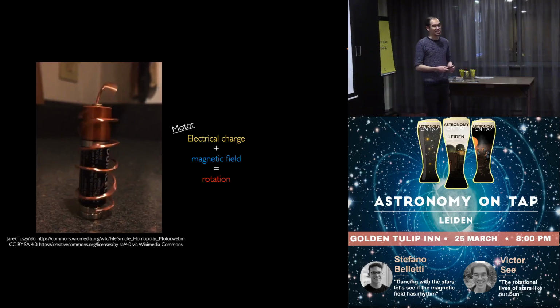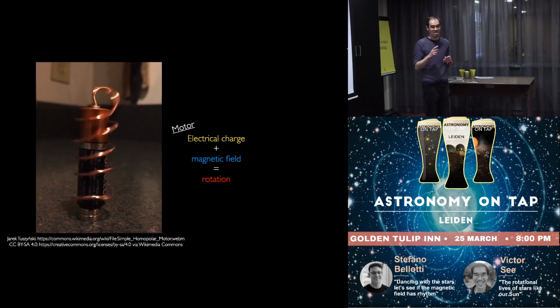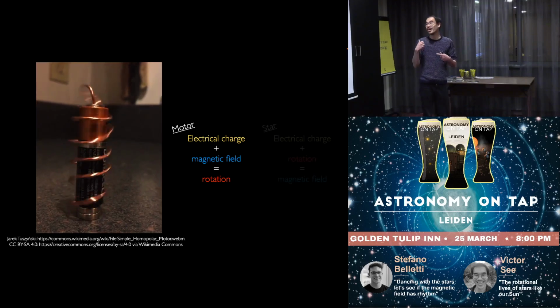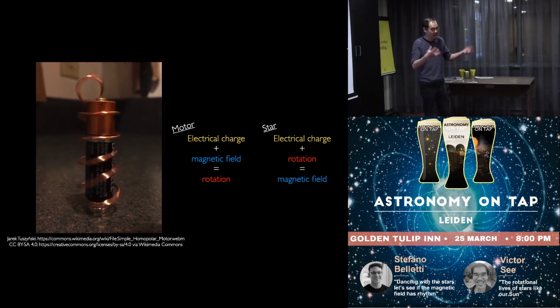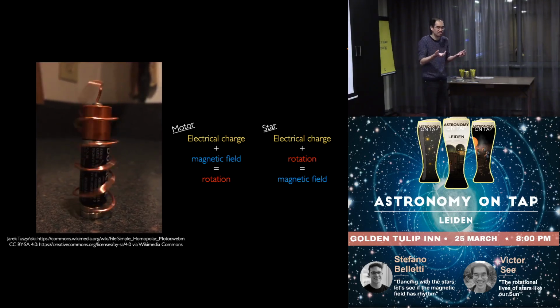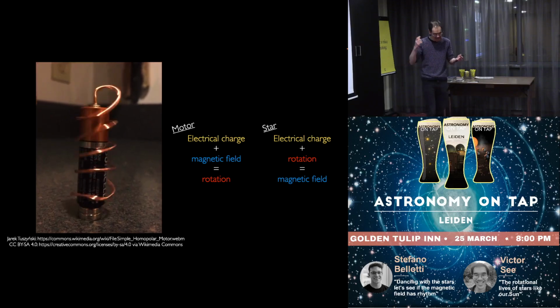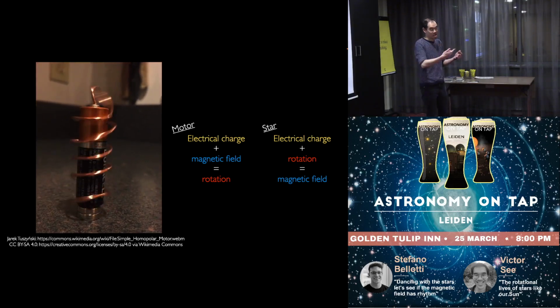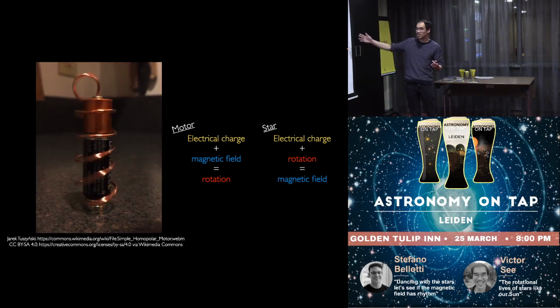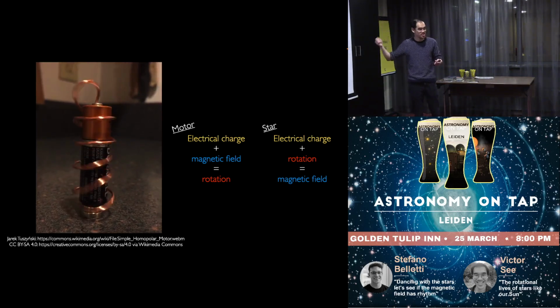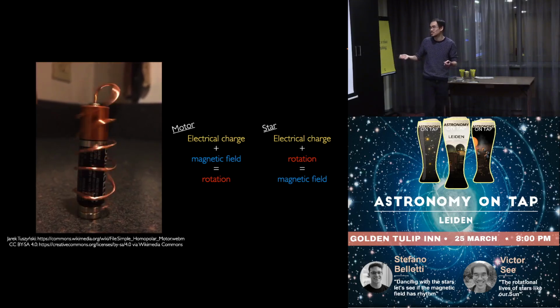In some senses, a star is the reverse of that, okay? Because a star is made up of an ionized plasma, so it's just all moving electrical charges, essentially. And as we've already said, stars rotate, and so this combination of electrical charges plus rotation gives you the magnetic field. This is how stars generate their magnetic fields, right?